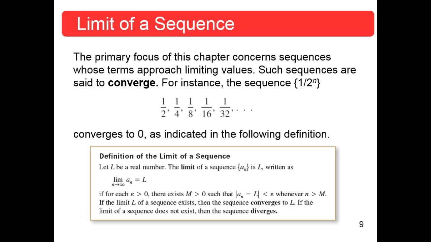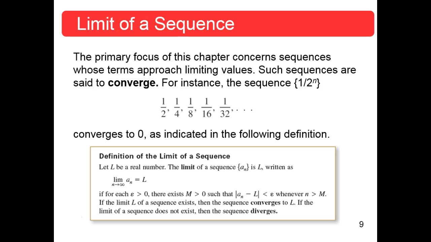Well, if this has a limit, then there exists some value M out there such that for every n beyond that M, you're guaranteed that the difference of A sub n and L is going to be less than that 0.1. Every one. None of them get outside past that. And you can pick even smaller, and you can just go far enough, and it always is going to be.